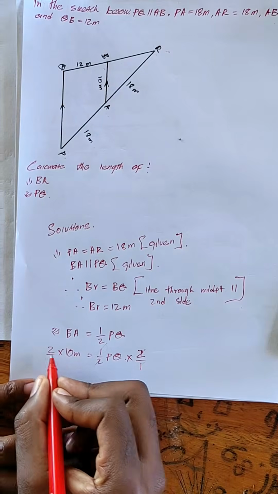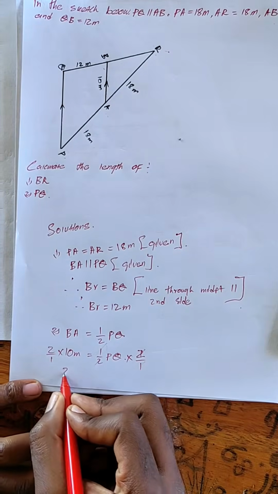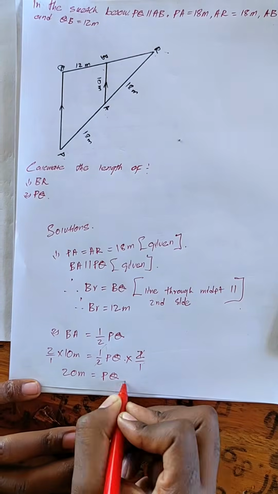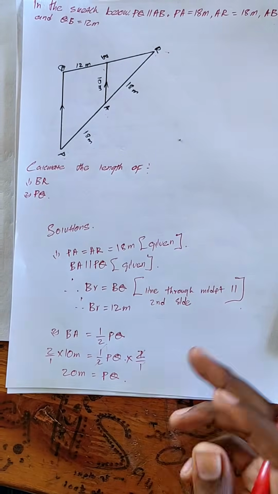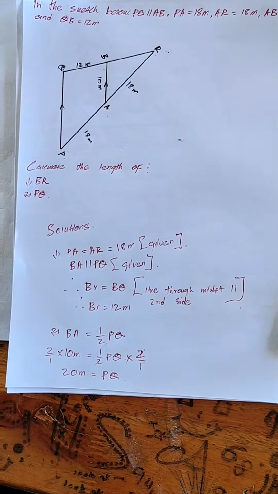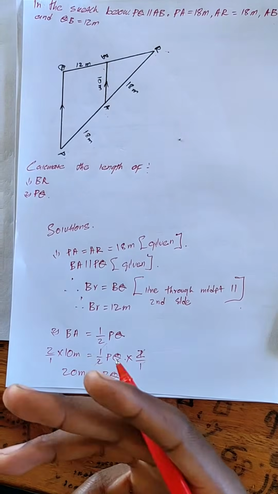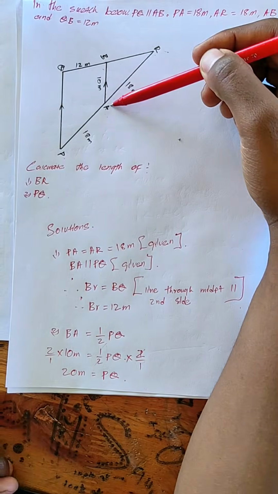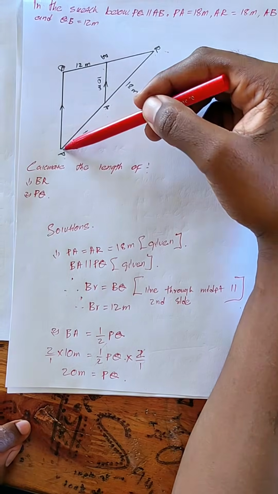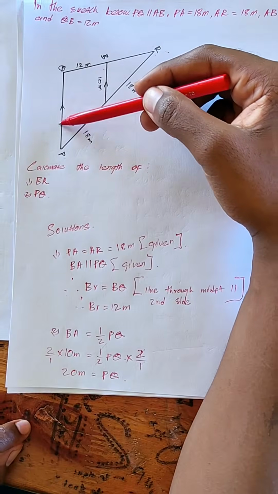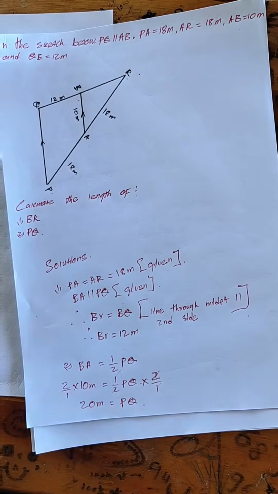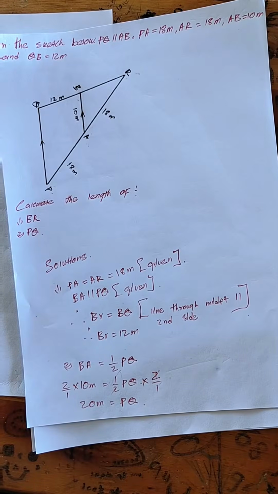Then we remain with 20 meters equals PQ. So the length of PQ is actually 20 meters. So what conclusion can we also say? Since BA is half the length of PQ, it means that PQ is twice the length of PA.